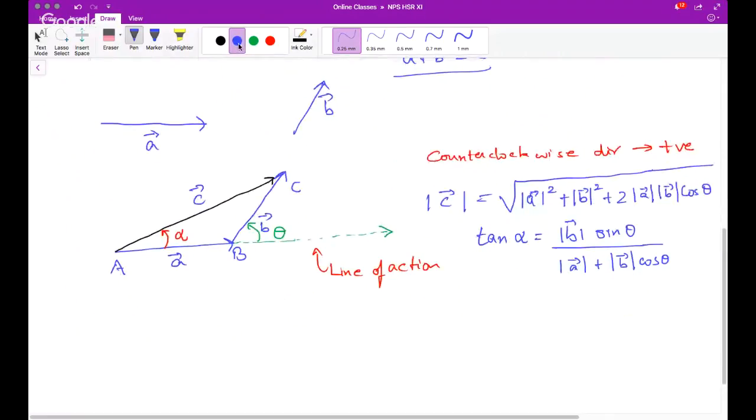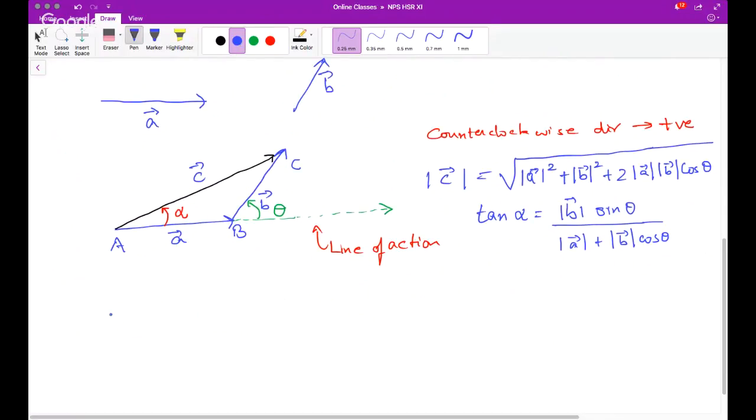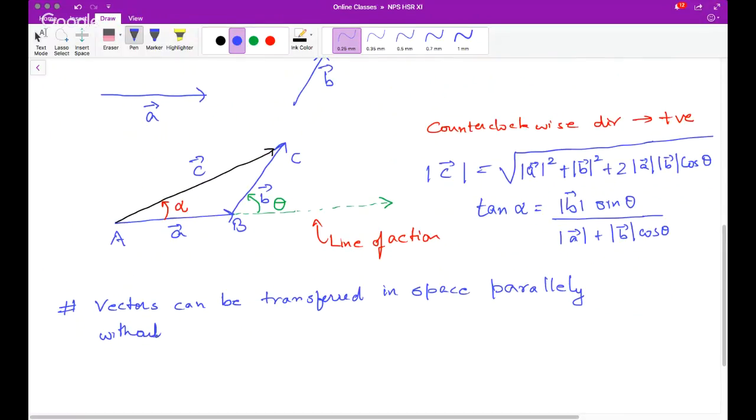Now, the parallelogram law is very similar to the triangle law, and the concept behind it is that vectors can be transferred in space parallelly without any change in their impact, except for rotation.